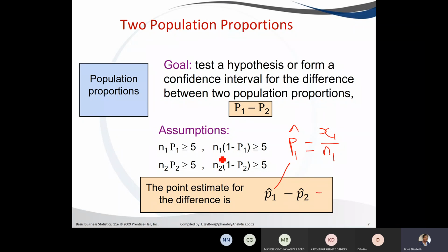For sample 2 as well, it will be the observations satisfying the condition divided by the size of sample 2. If they don't give you the sample proportion in the question, they will give you the observations for each of those 2 samples so that you can calculate your sample proportion.